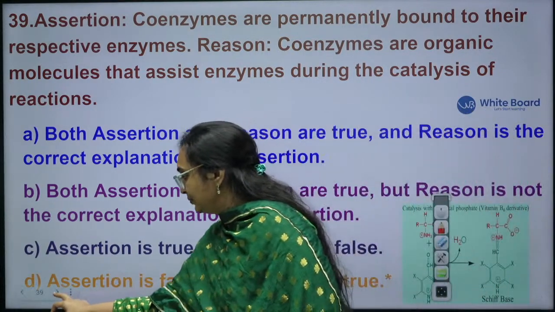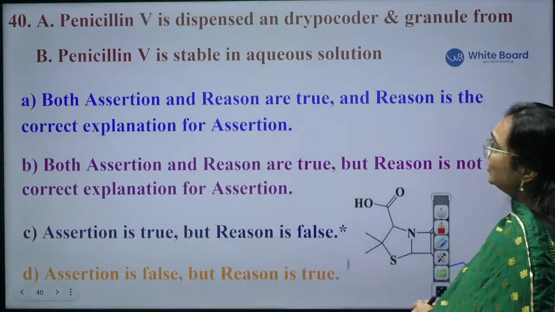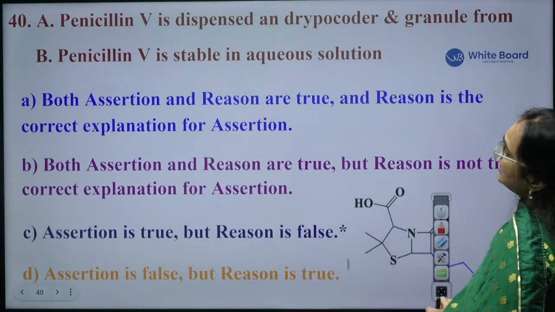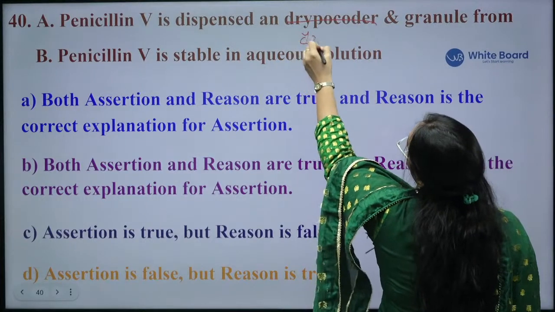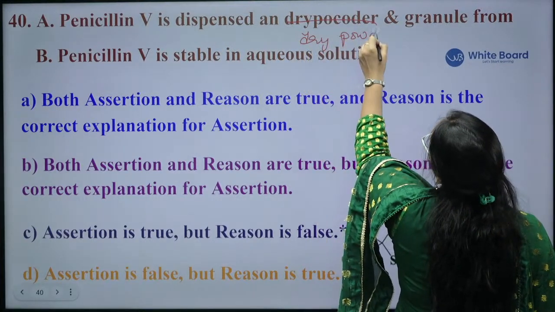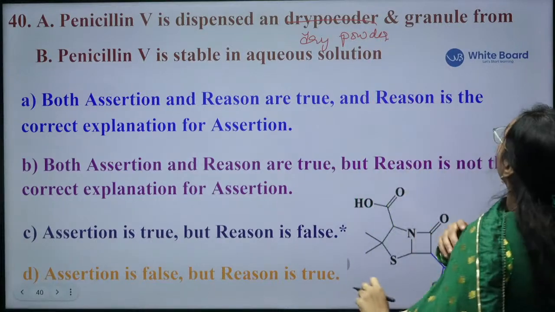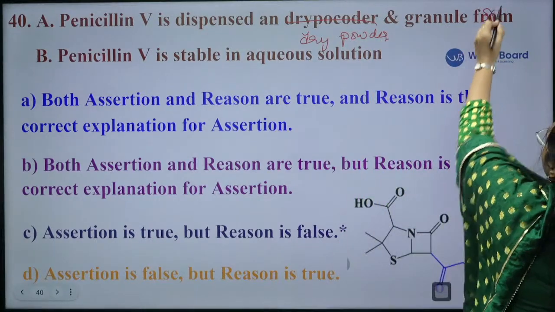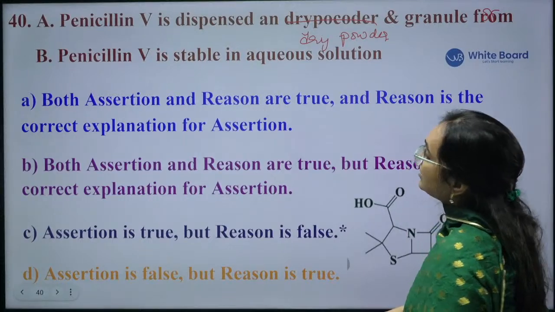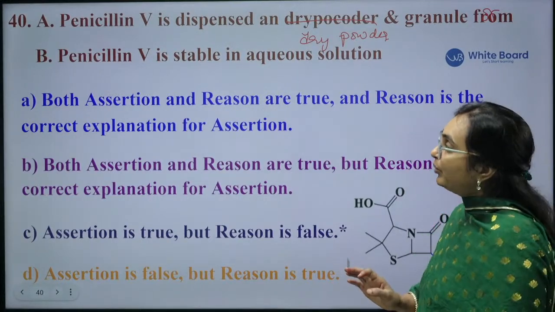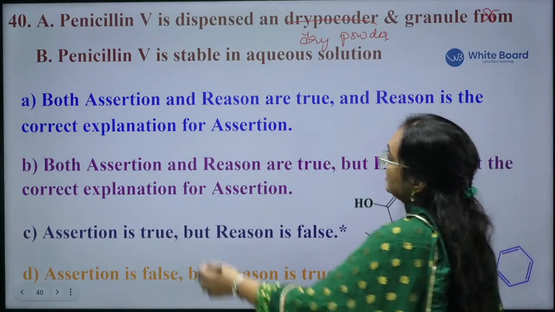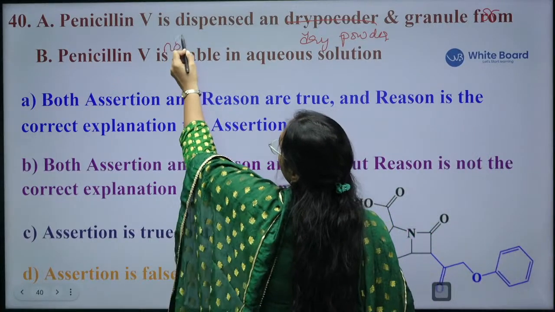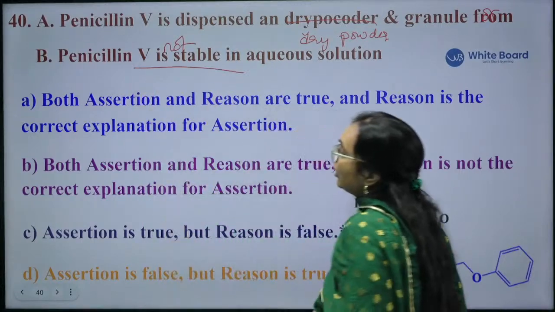Next question. Penicillin V is dispensed as a dry powder and granule form. Penicillin V is stable in aqueous solution. See, penicillin V is not stable in aqueous solution; it is unstable.